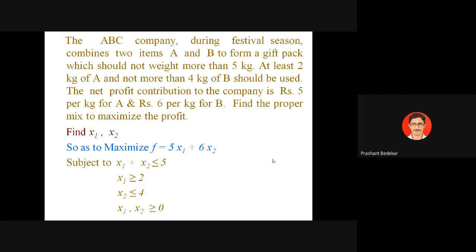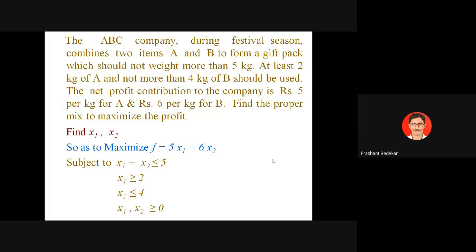A problem in which each and every term of the objective function and each and every term of each and every constraint is linear, then the problem is said to be a linear programming problem or linear optimization problem.